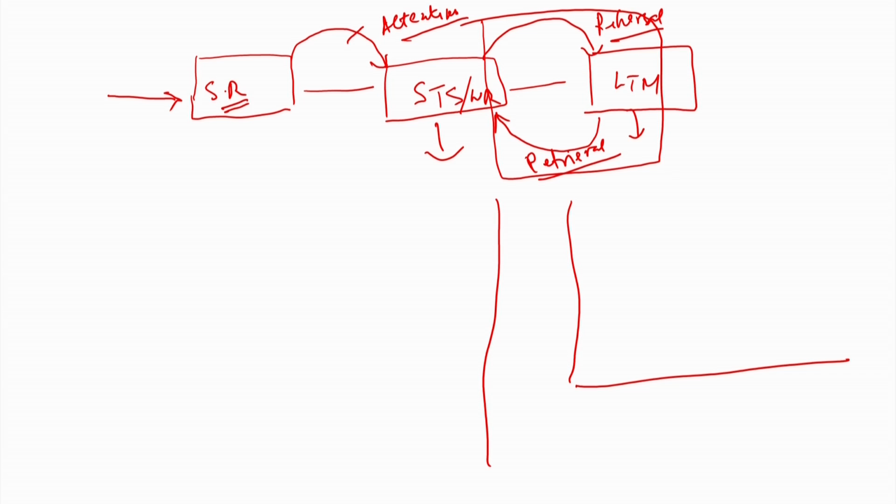The experiment was that a list is given to people to read, and once you read this list, you are asked to retrieve it back. As you retrieve it, a curve like this is shown.